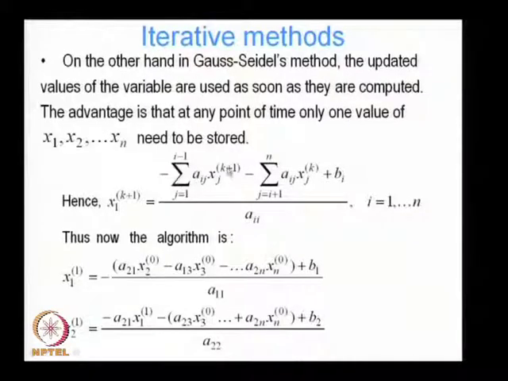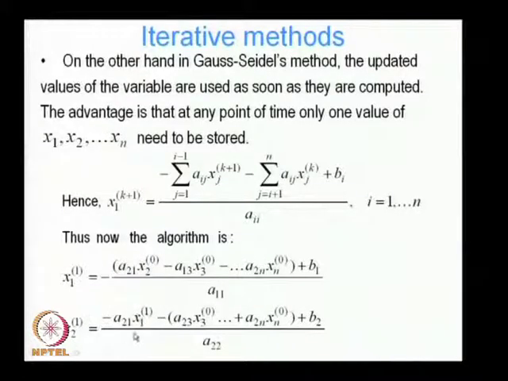So, for the terms which are below the principal diagonal of that row, we use the updated values, and for the terms above the principal diagonal, we use the old values.